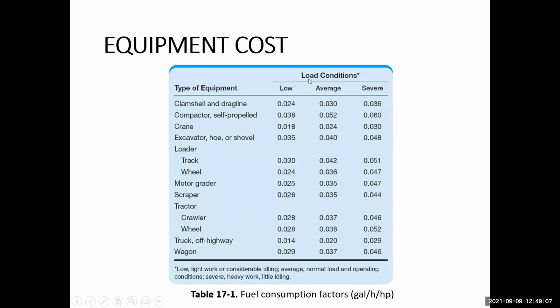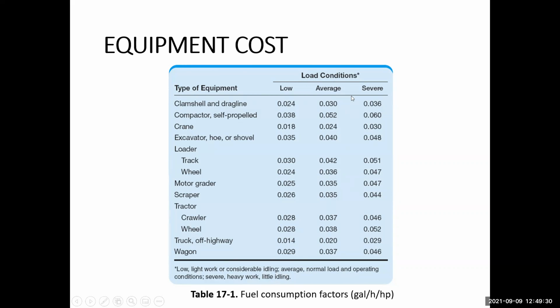So there are 3 types of working conditions. Low means light work or considerable idling. Average means the normal load and operating conditions. Severe means heavy work, and there is little idling.